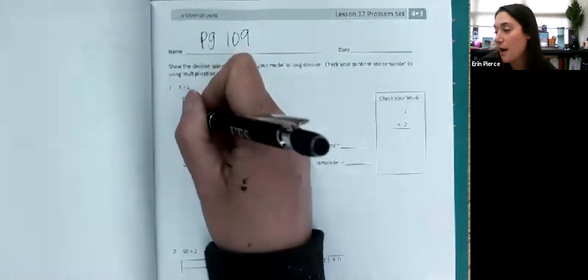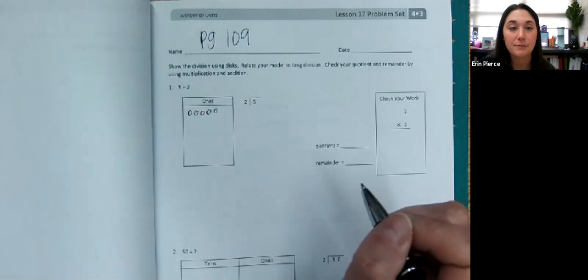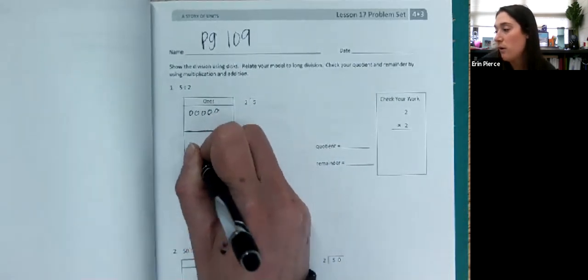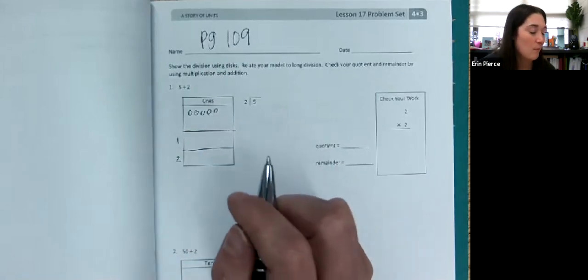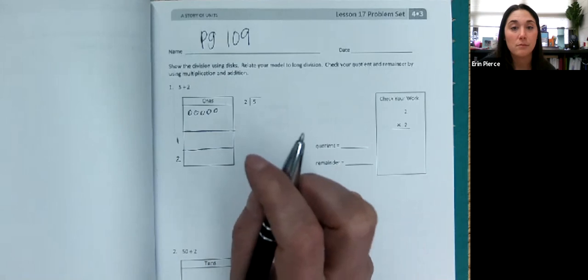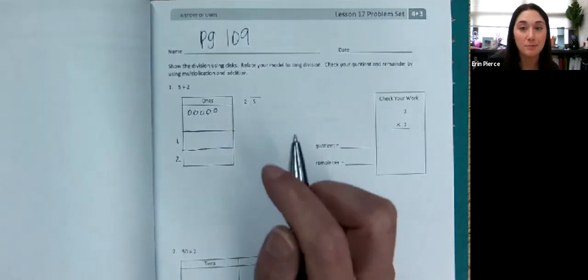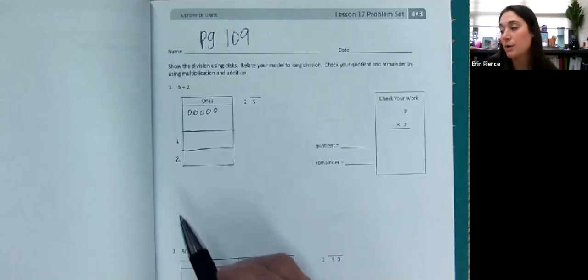So we're drawing 5 in that ones place. We are making 2 groups. And I'm splitting it into 2 equal groups.